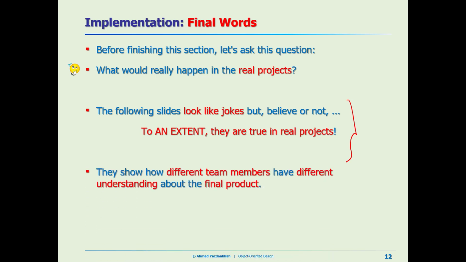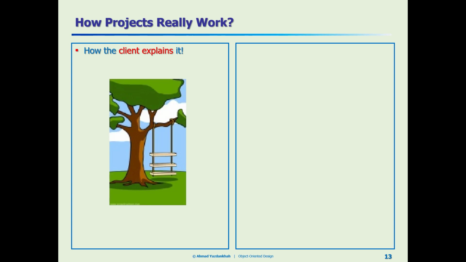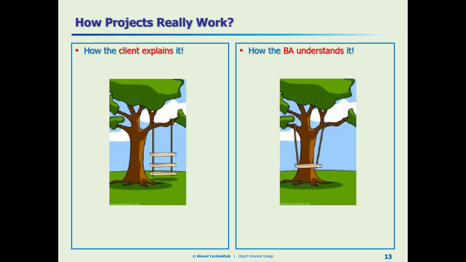Okay. Now, let's see how different team members look at the software and what is their explanation about the software. Okay, so this is whatever the client explains, and this is the understanding of the BA.